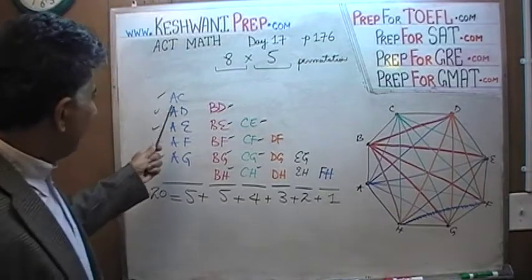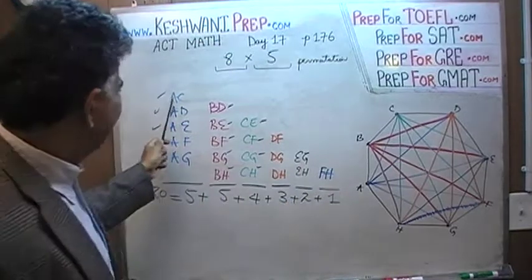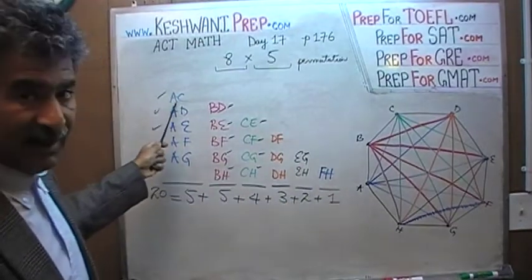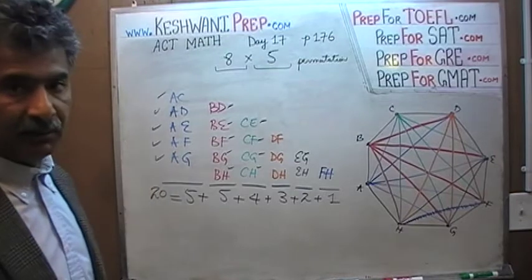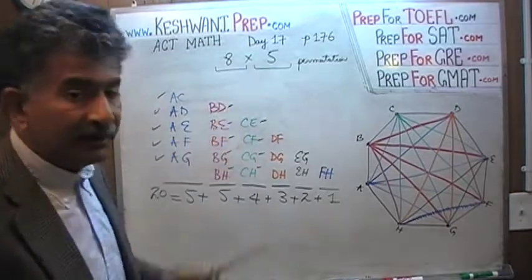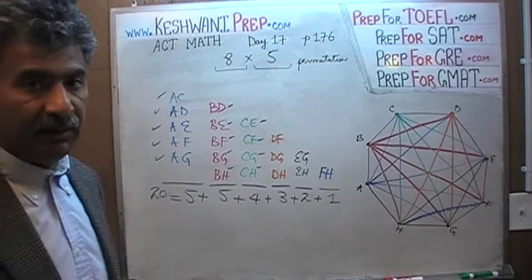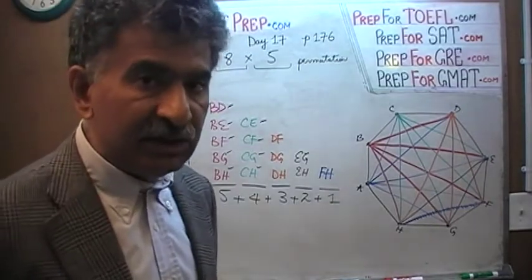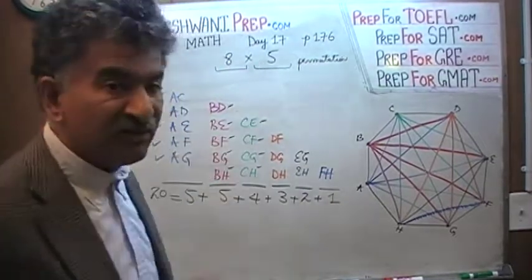So when we have AB, there is no BA. When we have AC as a diagonal, we cannot list CA as another diagonal. But in this method, CA is presented as a separate diagonal. Similarly, when we have FG, GF is also presented as another diagonal, which is why we have twice as many.